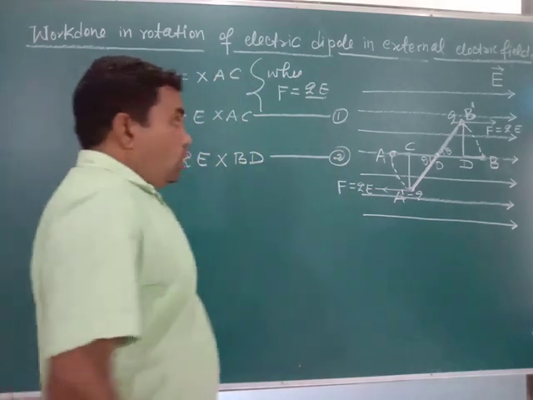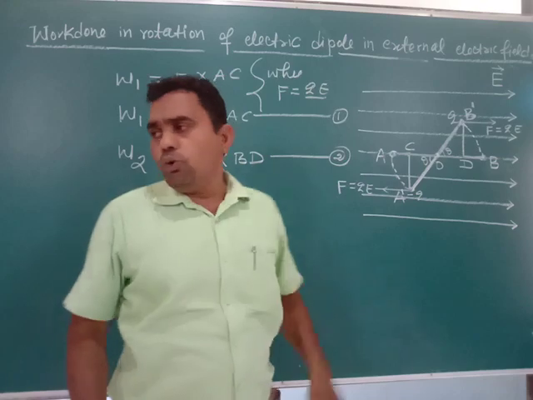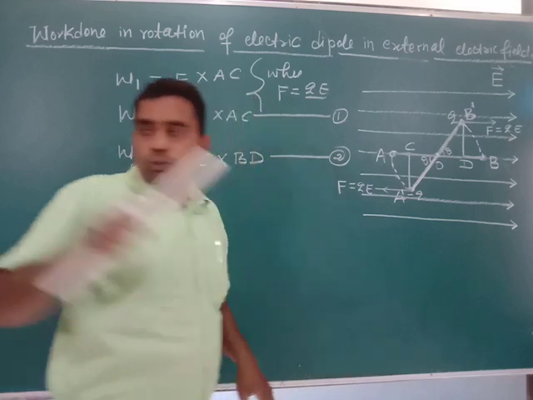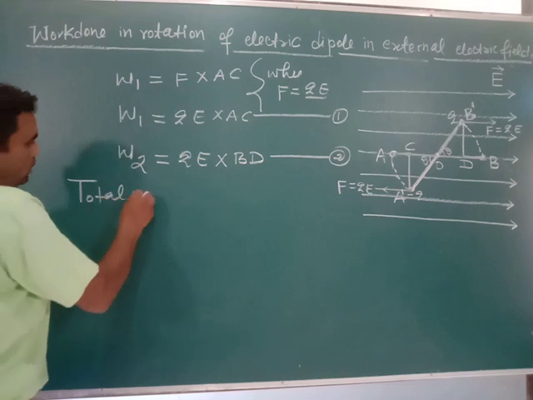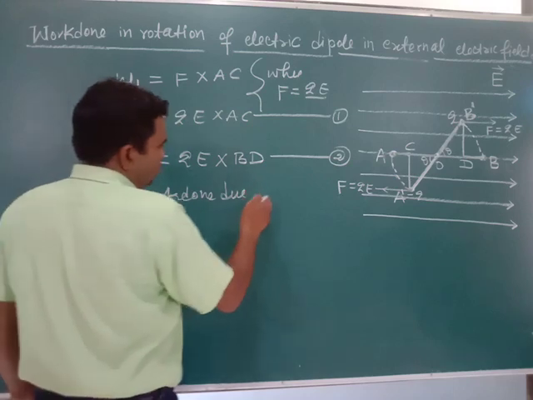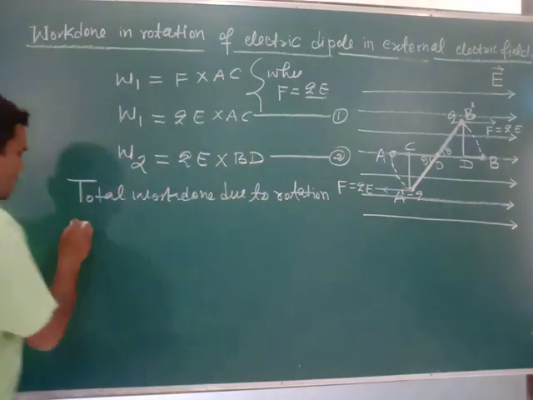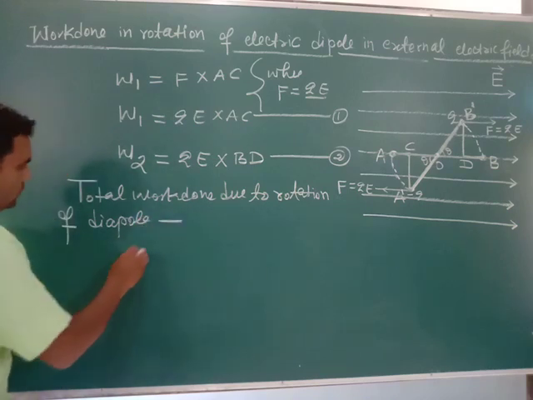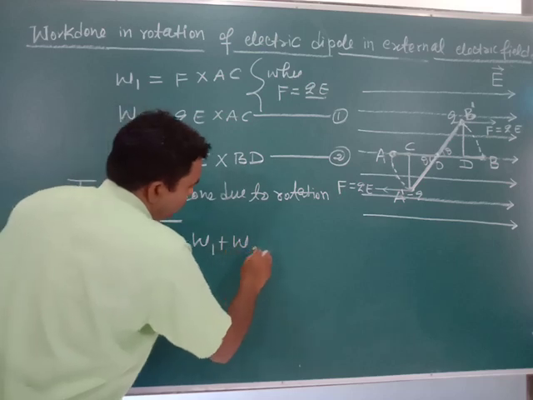In this condition, the total external work done due to rotation of the complete dipole, पूरे complete dipole के रोटेशन से जो वर्क डन मिलेगा वो होगा, W total, work done due to rotation of dipole, W is equal to W1 plus W2.